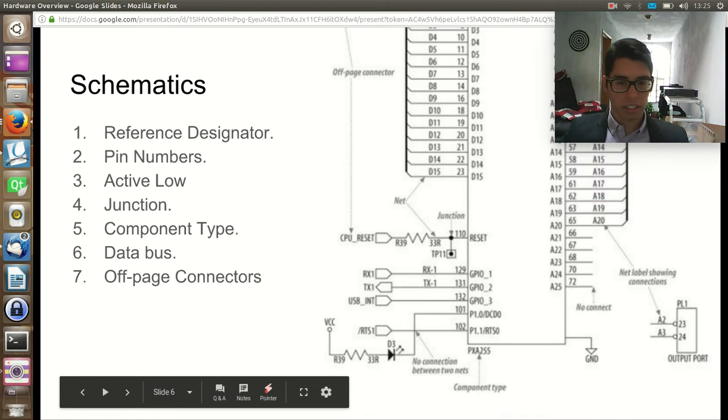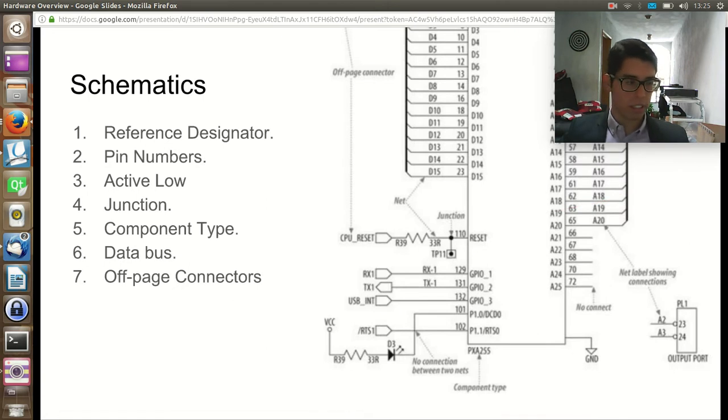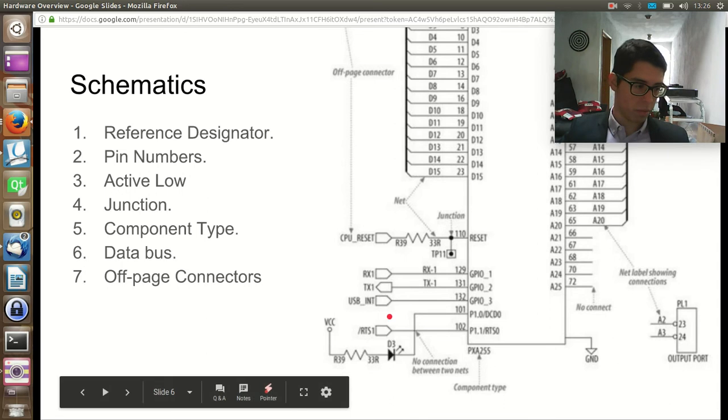So, we were talking about schematics, and this is a basic schematic that has a reference designator, pin numbers, and active low. We're going to discuss that. A reference designator is a combination of letters, numbers, or both, which are used to identify the components of a schematic.